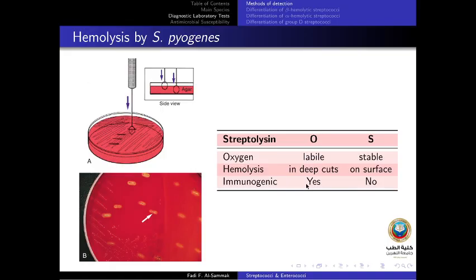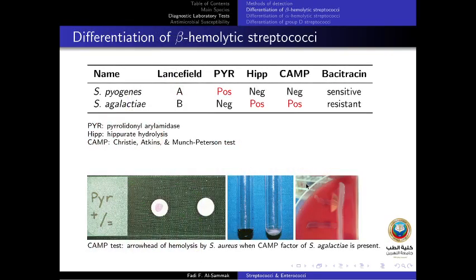All right, so this is for the hemolysis. Now we go to the differentiation, how to tell S. pyogenes apart from S. agalactiae. First, pyogenes is group A, while agalactiae is group B. But under beta hemolytic streptococci, if you see a PYR test positive, don't worry about the PYR.